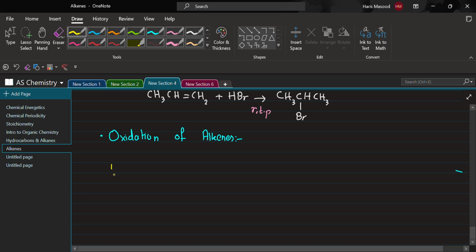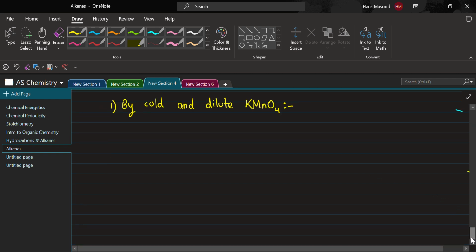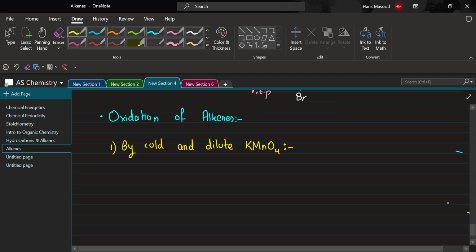First one is by cold, I would write it like cold and dilute KMnO4, potassium permanganate. Why are we using potassium permanganate? Because we need to do oxidation and we need some oxidizing agent.